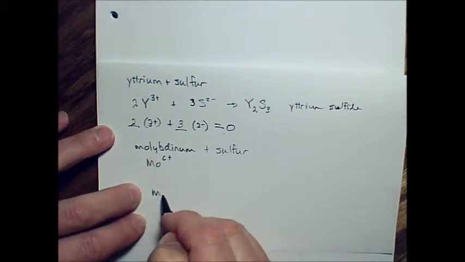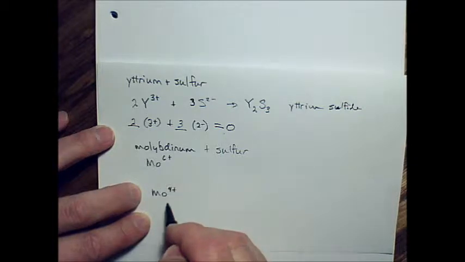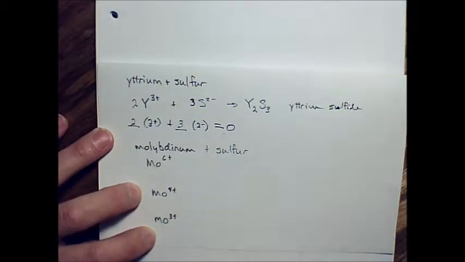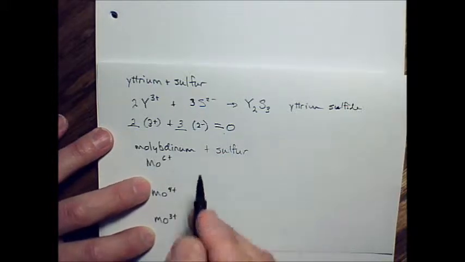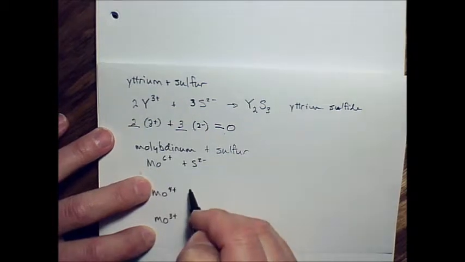I've got molybdenum with a 4 plus, and I've got molybdenum with a 3 plus. If I'm putting it with sulfur, sulfur we said has a 2 negative charge.